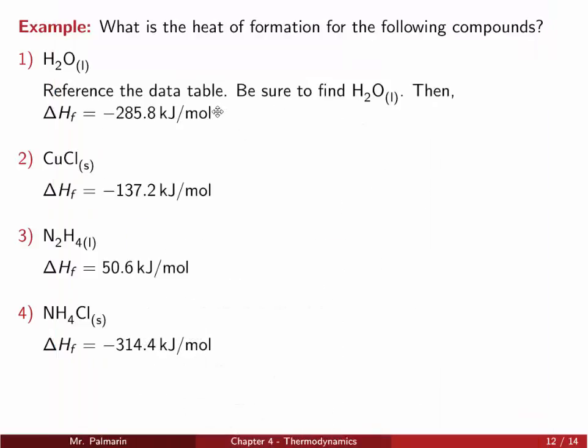So it means to form water from its elements, it would be exothermic, it would release 285.8 kilojoules. You look up each one of these, you're going to get these results. So it's crucial that you can actually reference the table properly. Be careful of states. Some of the molecules will be listed twice, however the state will be different, either solid, liquid, or gas. The numbers will change.